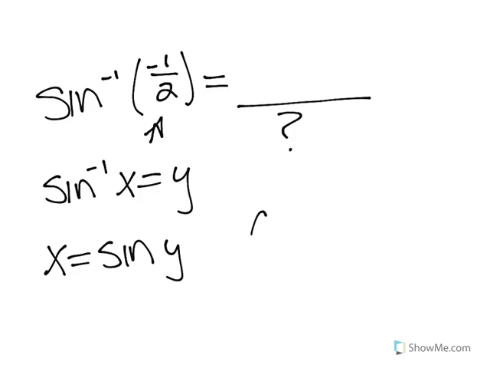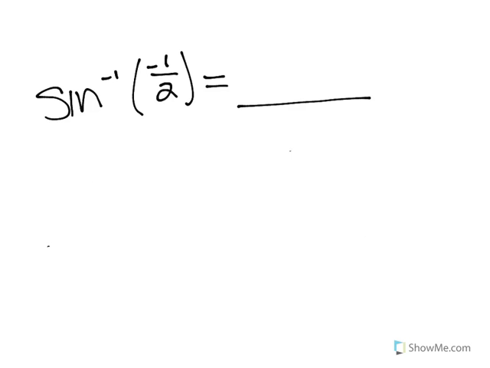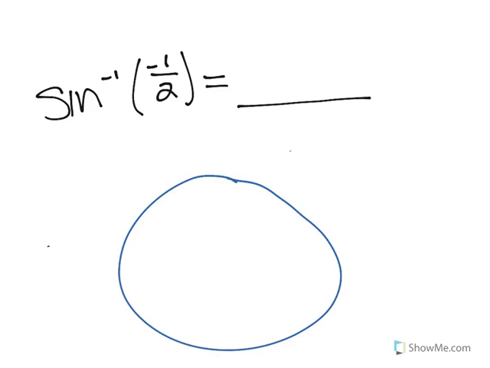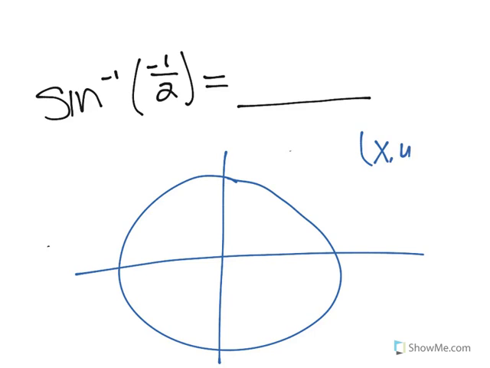You might also see this as arc sine, or arc cosine, or arc tangent. It works always. So in order to solve this, we are going to want to think about our handy-dandy unit circle. So let's think about this. Our sine, if we're looking at an xy coordinate point, sine is y. So we need our sine to be negative.